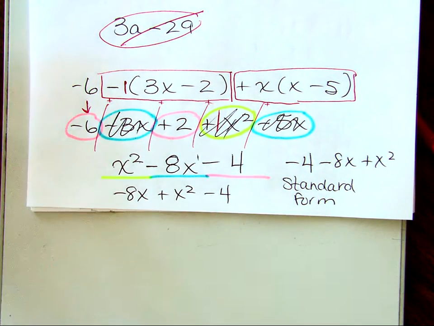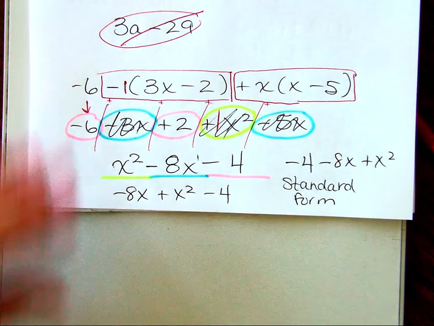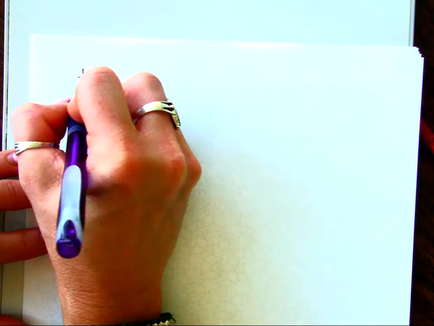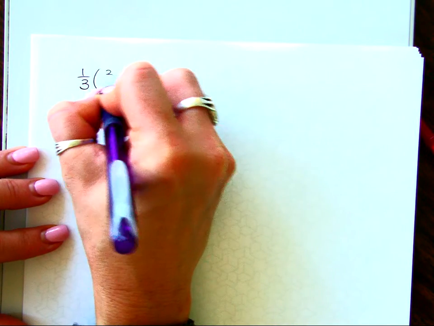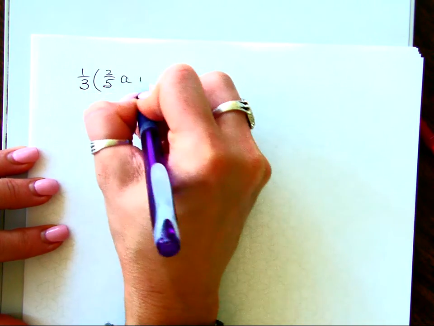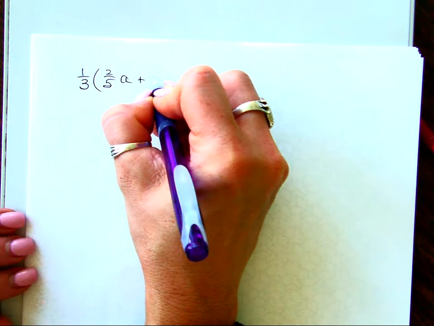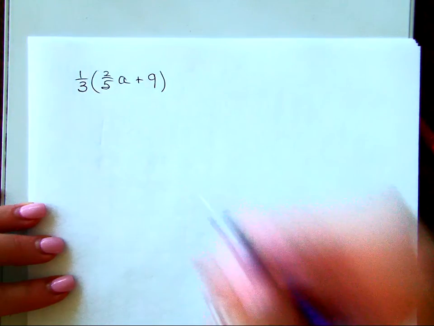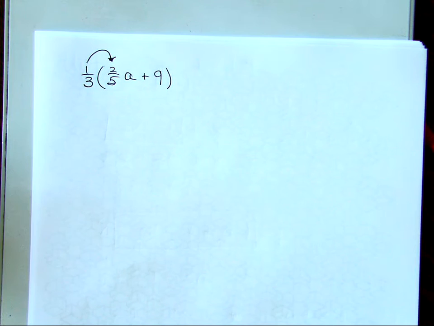And then keep in mind that you may have some rational numbers in your problems. For example, 1/3 times 2/5 a plus, we'll make this easy on you, 9, okay? So you're going to have to remember this. This is Learning Target 1-2. I can perform operations with real numbers. Real numbers are fractions, decimals, all kinds of things.